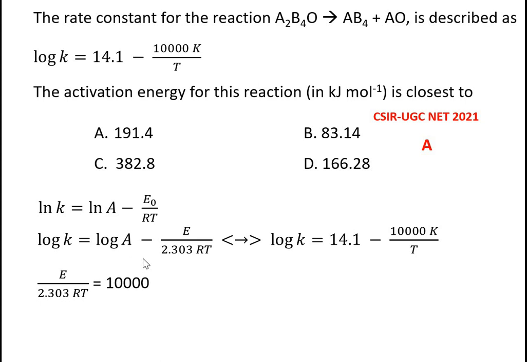Of course 114.1 is log A, but we are not interested in that; this part is equal to Ea by 2.303 R. If you put 8.314 as the value of R, you will get the activation energy in joules, and in kilojoules the answer you can check is going to be option A.